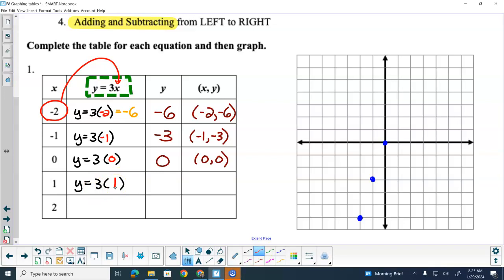What's the point that's associated with this line? 1, comma 3. That would be 1 to the right and 3 up.